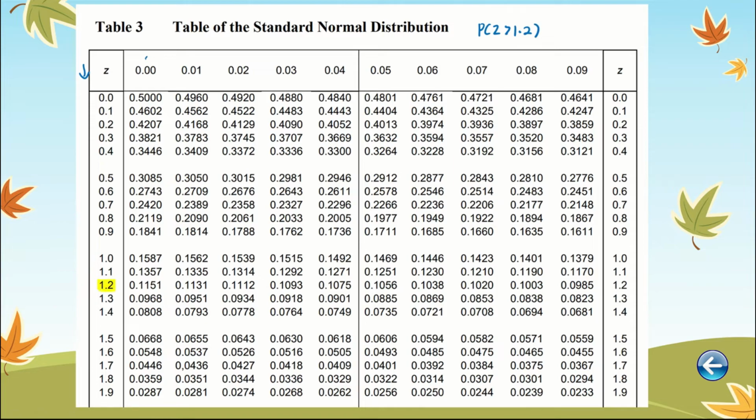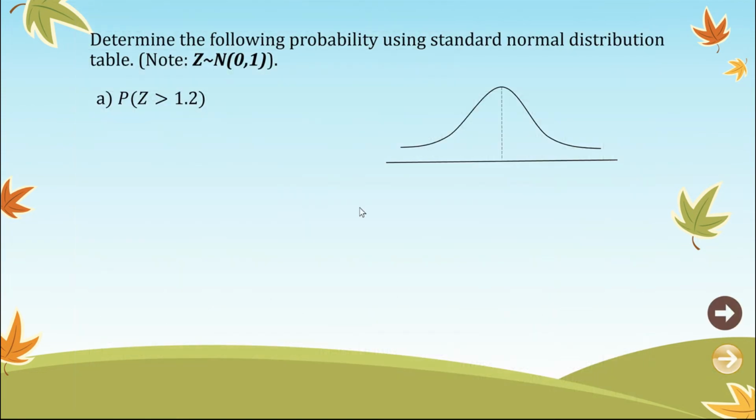This is the value. In this case, 1.2 is the same as 1.20. So our answer will be 0.1151. So we can write that P(Z greater than 1.2) is equal to 0.1151.